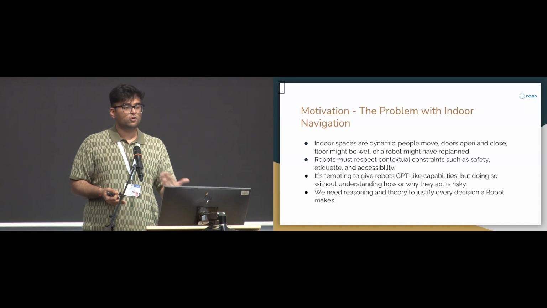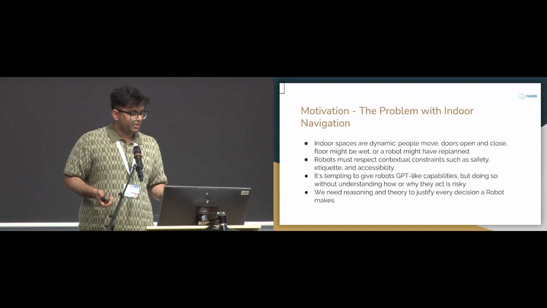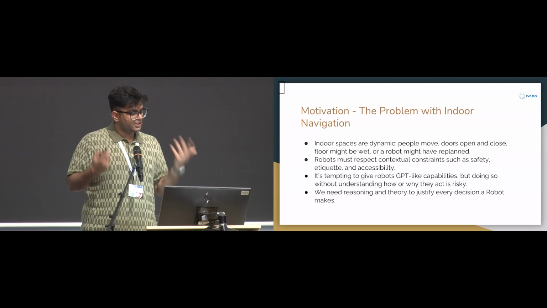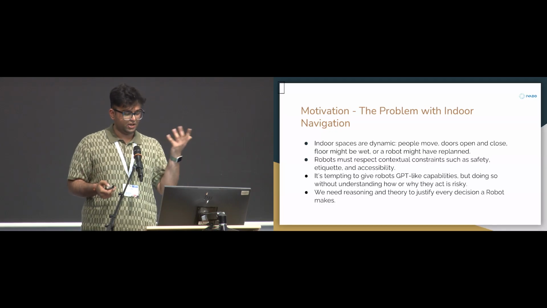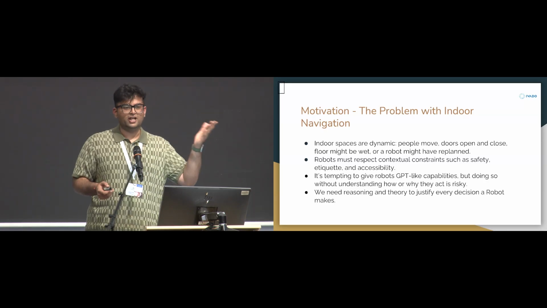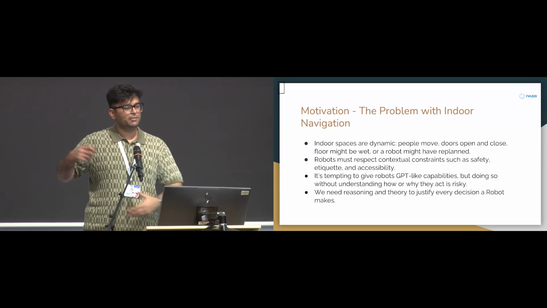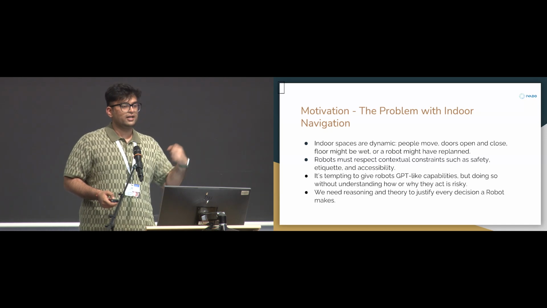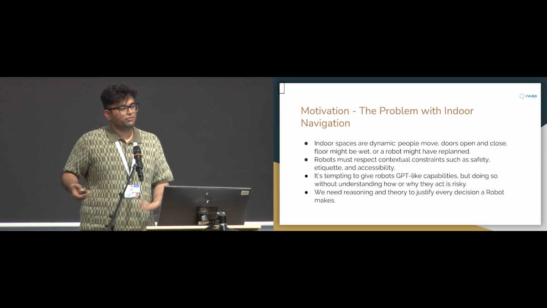People are moving, doors are opening or closing, floors might be wet, and robots must be responsive to these contextual replannings. It's tempting to use GPT-like stuff for this, but this is all very black box, so you would like to have some formal methods that can verify and actually show you why a decision was made.